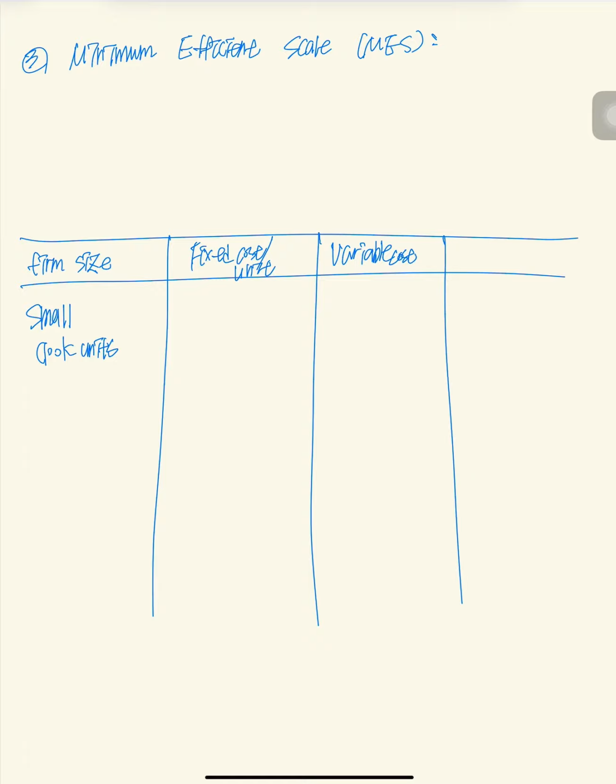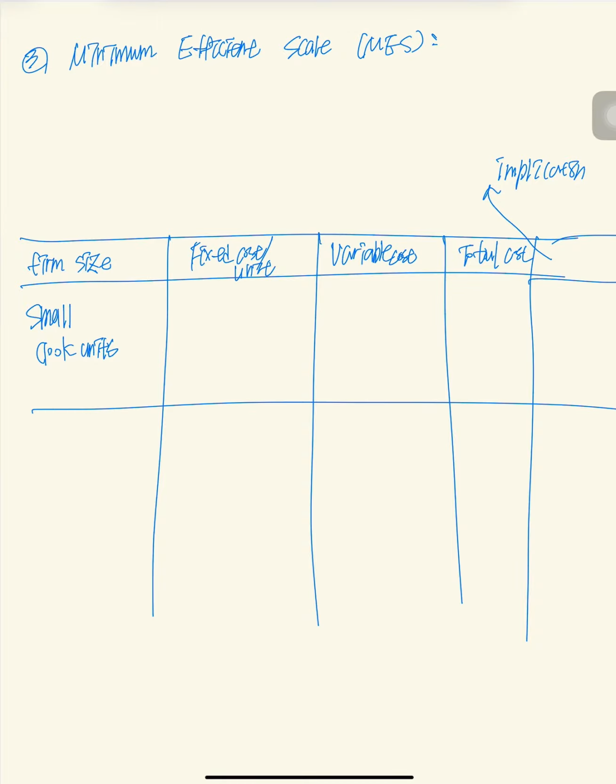Every cost is per unit. Then total cost, and this last column is the implication.